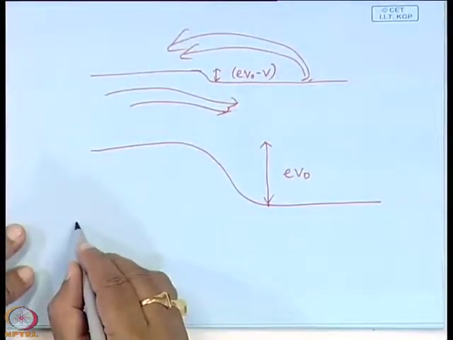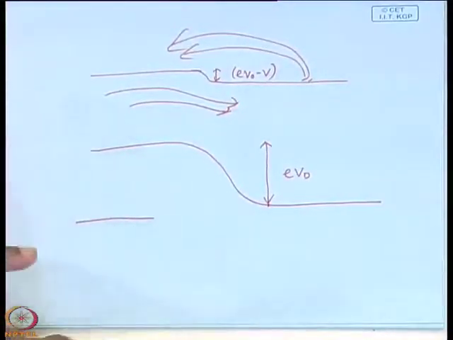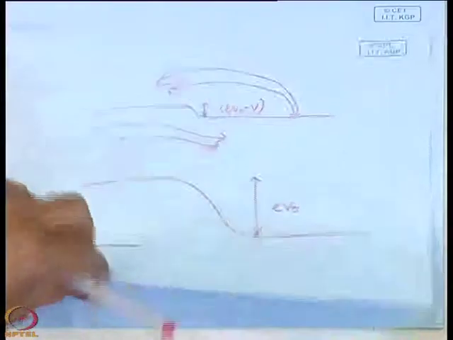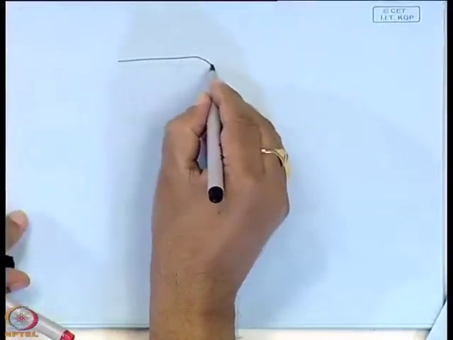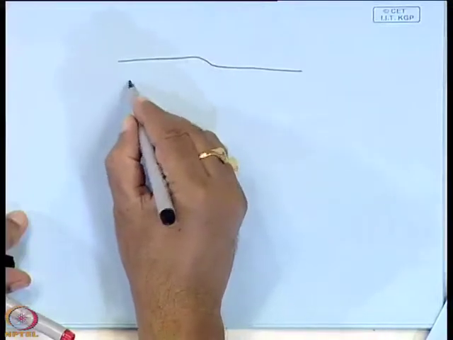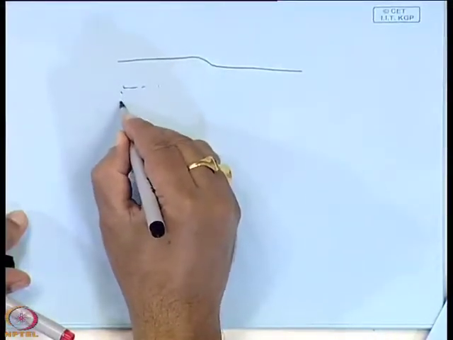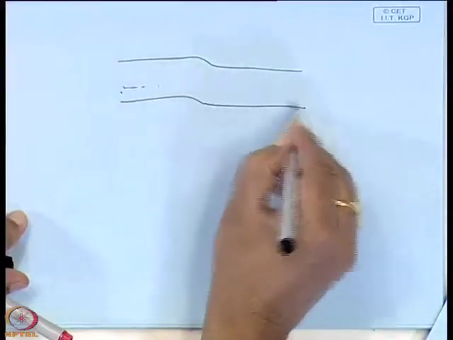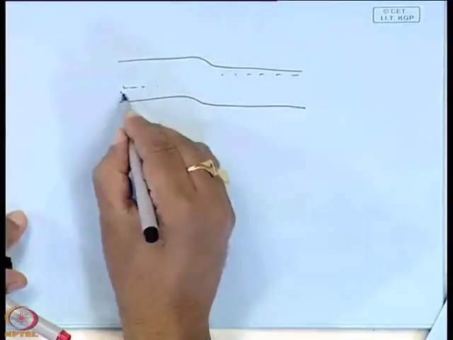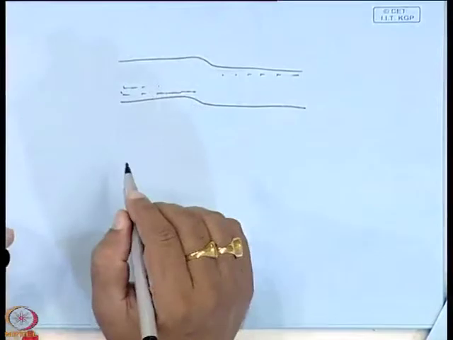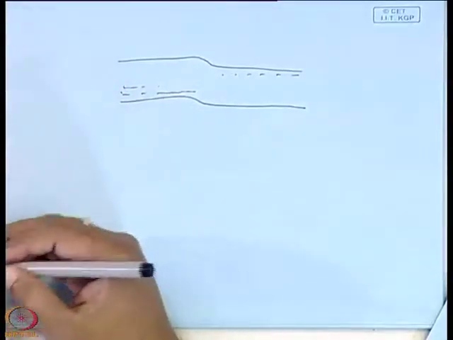That means, now the band diagram will look like this. Remember that now there will be no alignment of the Fermi level. Why? You have broken the equilibrium, because you have connected a voltage source.